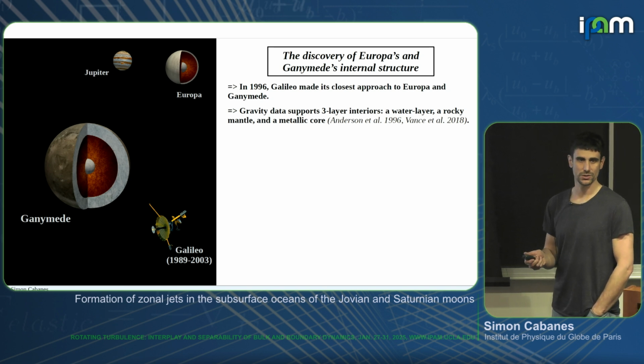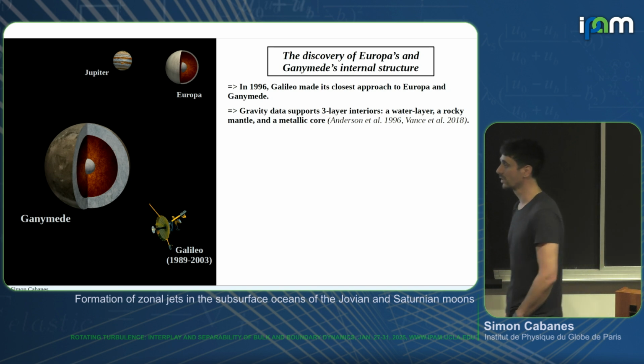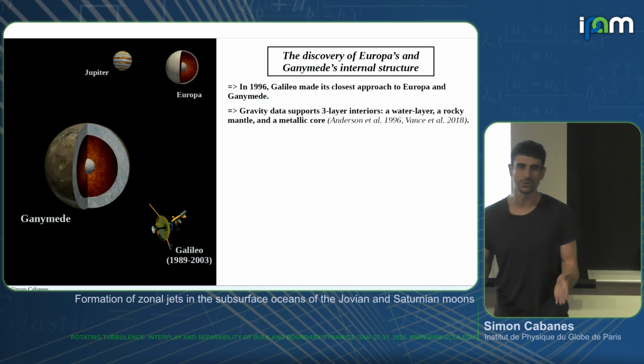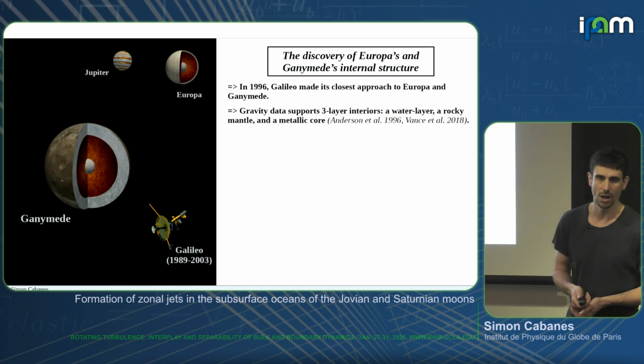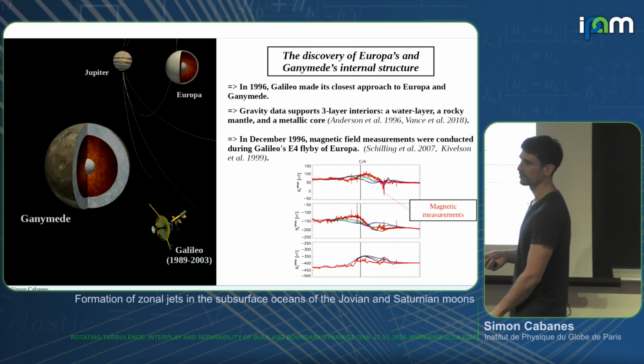However, the very small density contrast between ice and liquid water does not allow us to distinguish between them in the gravity measurements, but we know that there are subsurface oceans, of course, because of the plumes which are coming up across the surface.